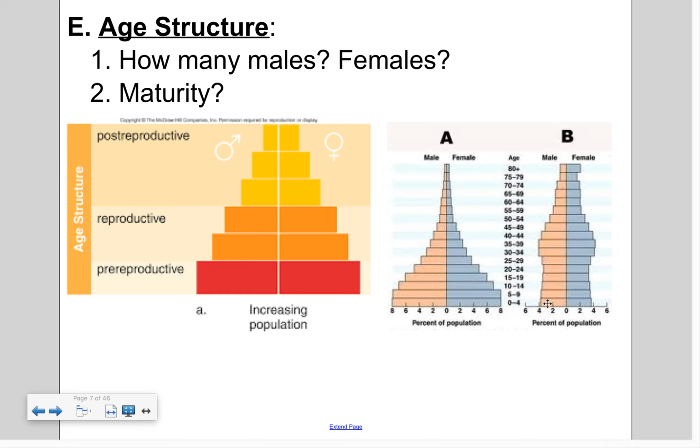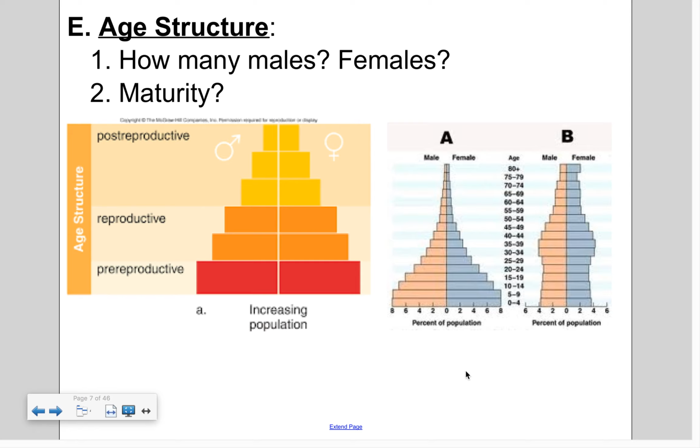We have some kids, but not a great amount of kids, where over here we had 8 and over here it was 4. And then we have a whole bunch of middle-aged individuals, okay? Maybe they have decided that they don't want kids or are done reproducing. So these can tell the story about a population.